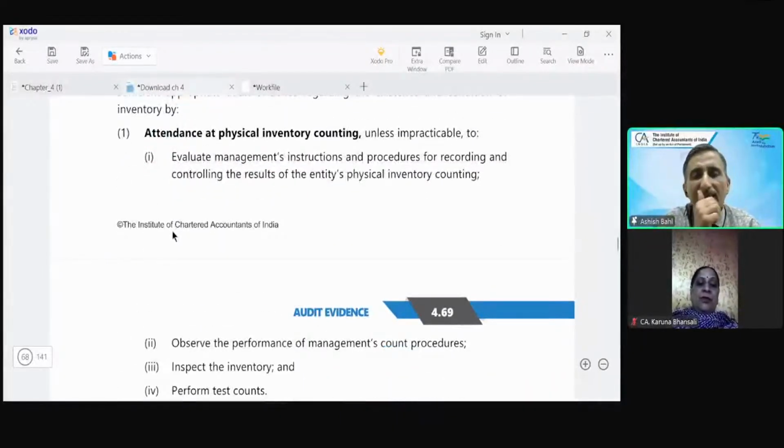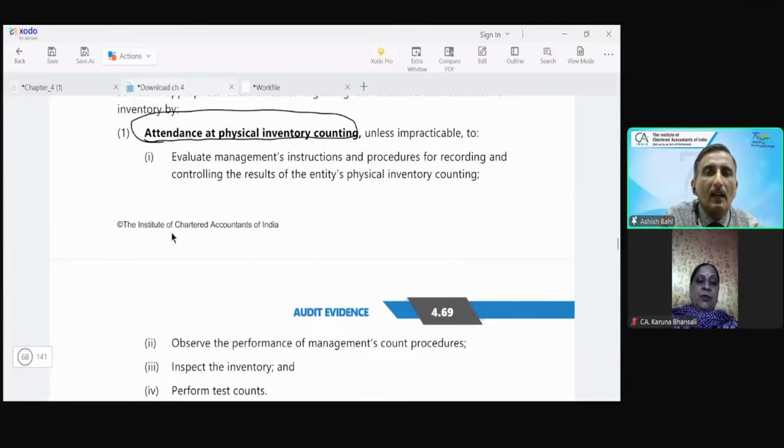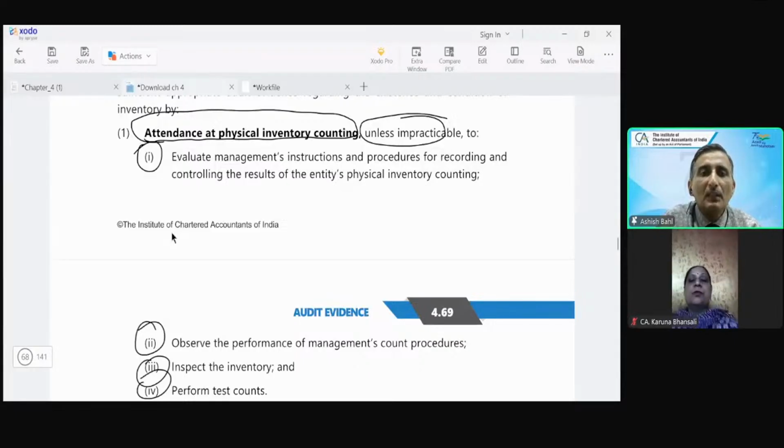So see, students, these are the four things. For attendance at physical inventory count, unless impracticable, the auditor has to do these four things when he attends. Evaluate management's instructions and procedures.